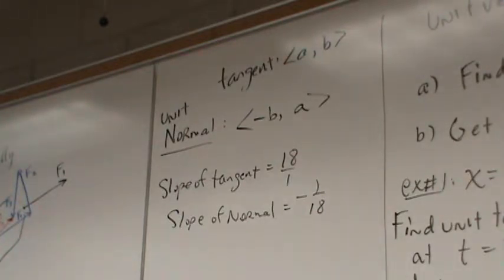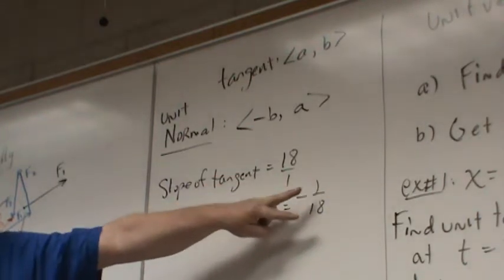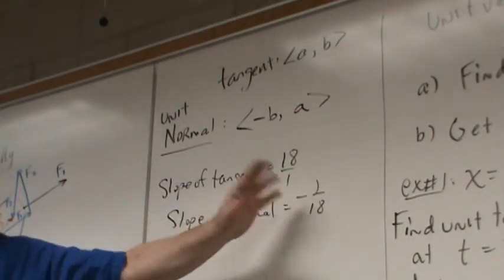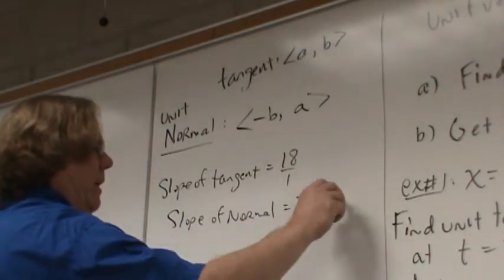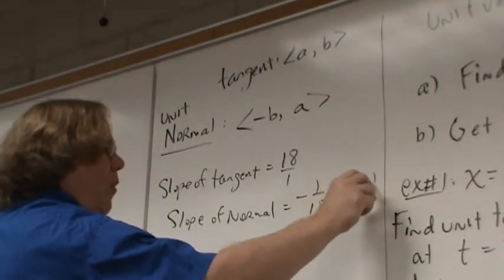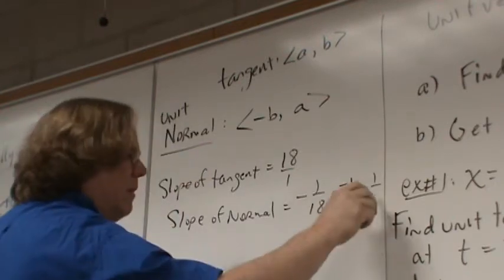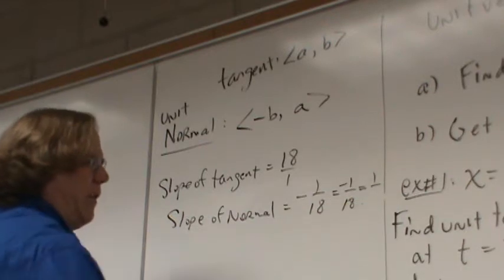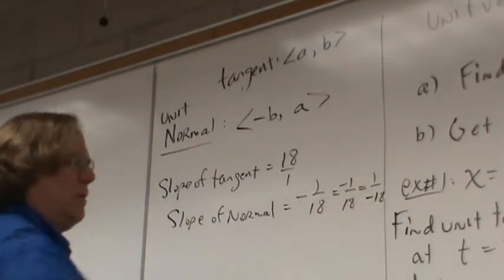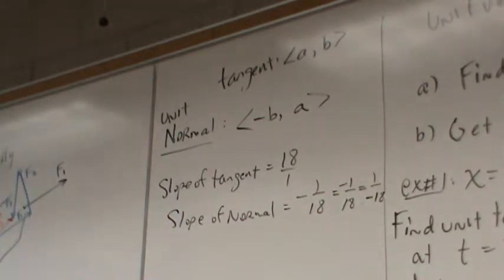You see? So if you feel more comfortable just taking the slope and doing the negative reciprocal of the slope and then doing all that a comma b stuff with it, that's fine with me as well. Just know that it could be either negative 1 over 18 or 1 over negative 18. So you've got two choices for your unit normal, just as you had two choices for your unit tangent.